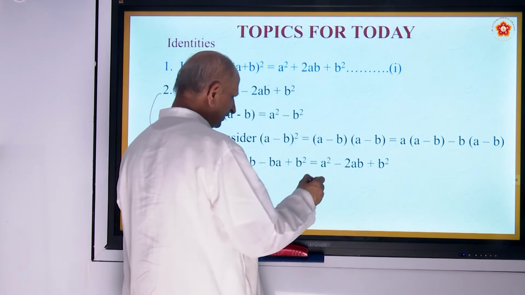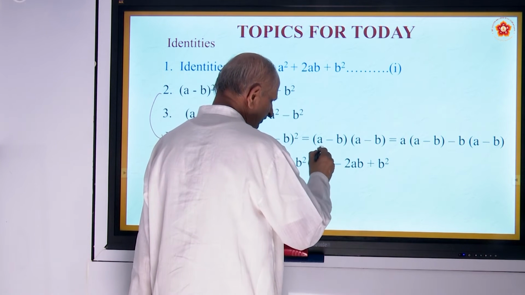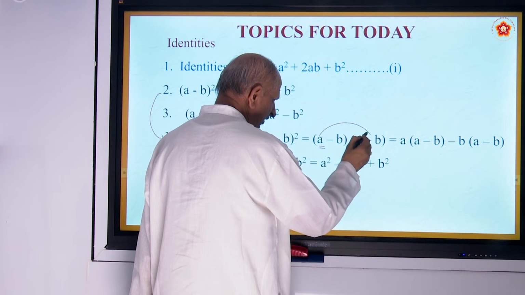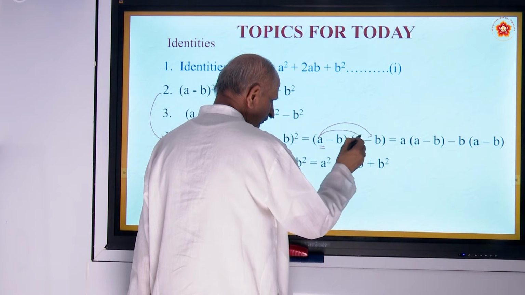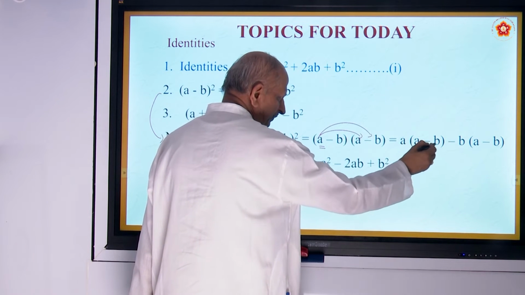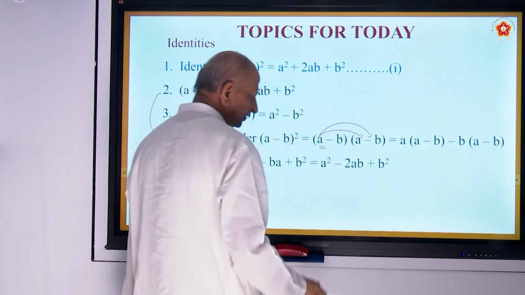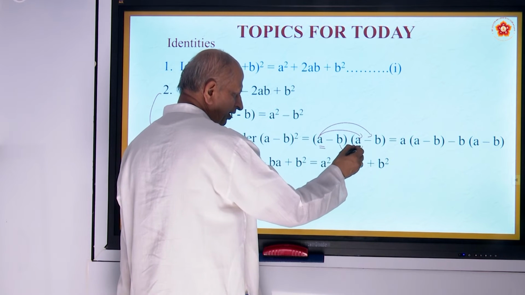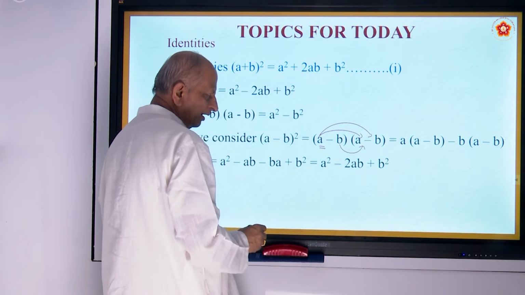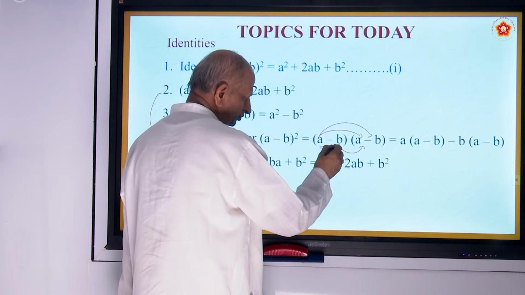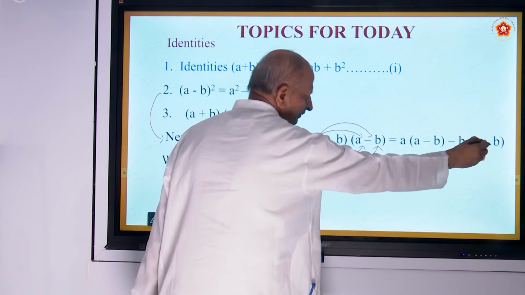And how to multiply that? First you must take a, multiply it to a into a minus b, a into a minus b. Then you take b, it is called distributive law, b into a minus b.